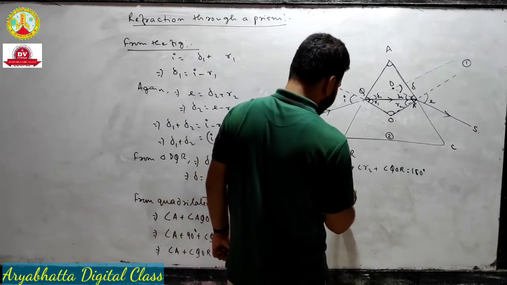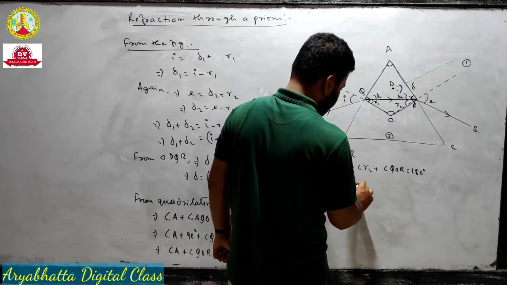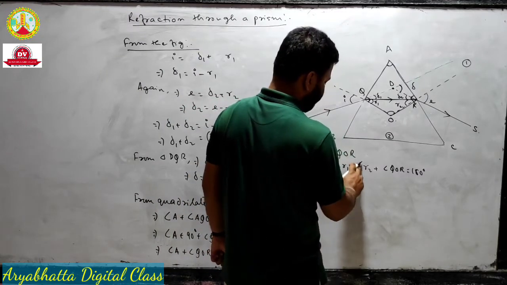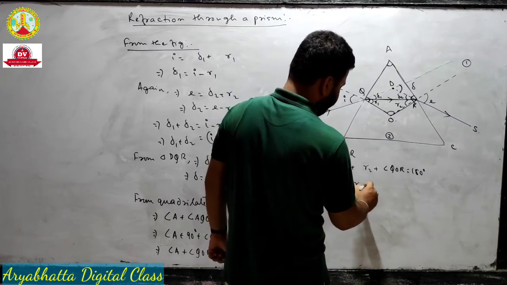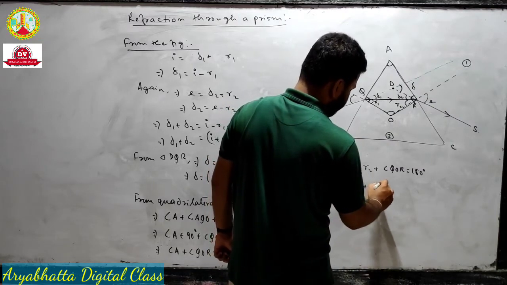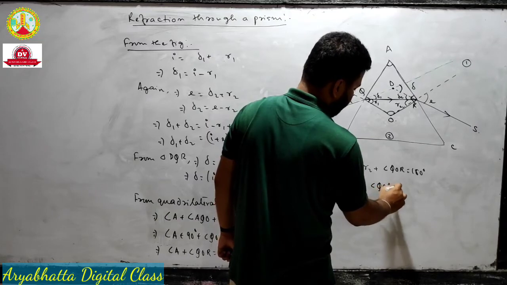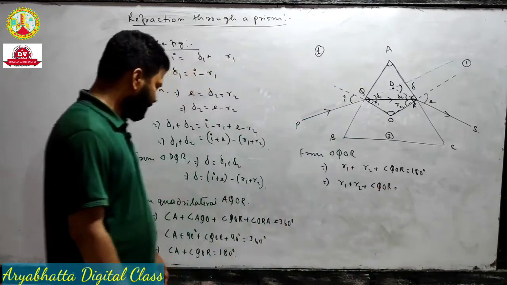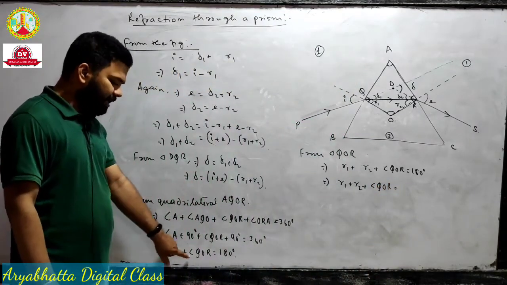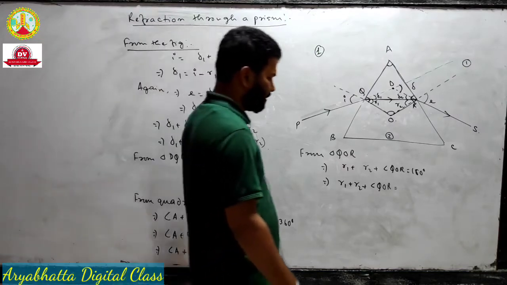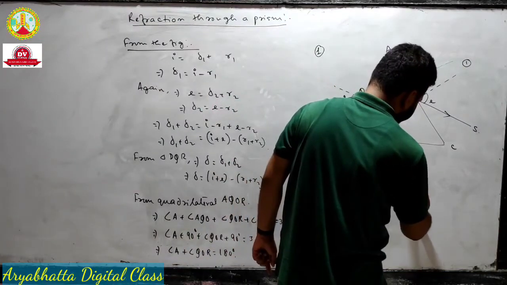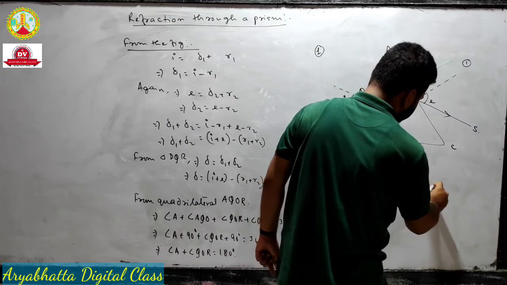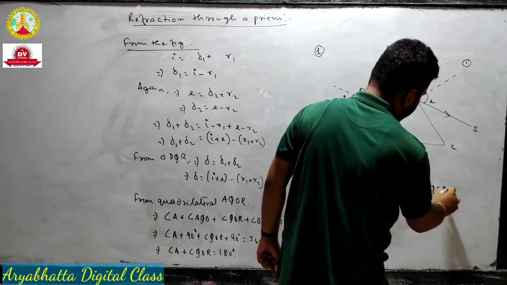So you write here R1 plus R2 plus angle QOR. Instead of 180 we can write angle A plus QOR.